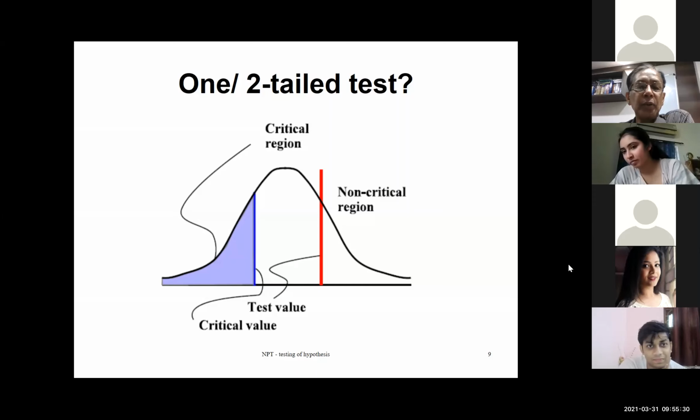Bike mileage. You have all my examples of what we discussed earlier. Suppose the company is suggesting the bike should give you 60 kilometer mileage. If it is much less than 60, will you be happy? So you are unhappy.